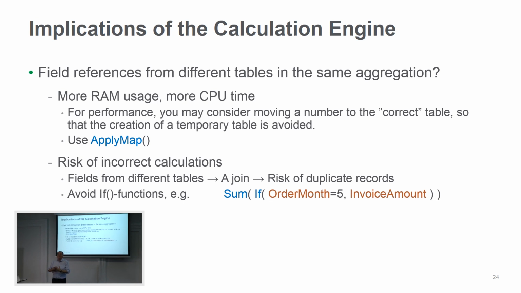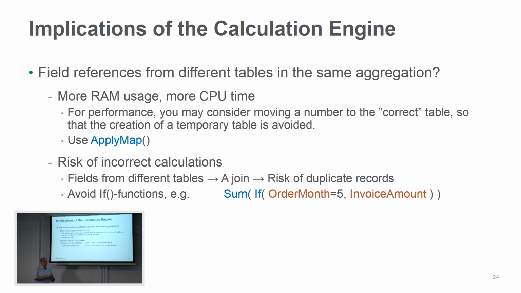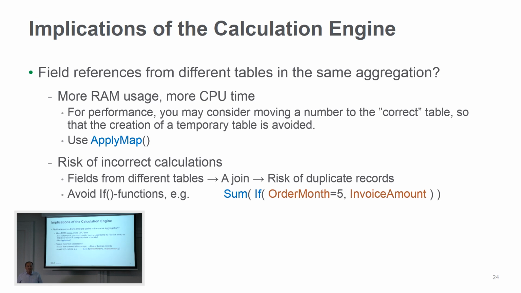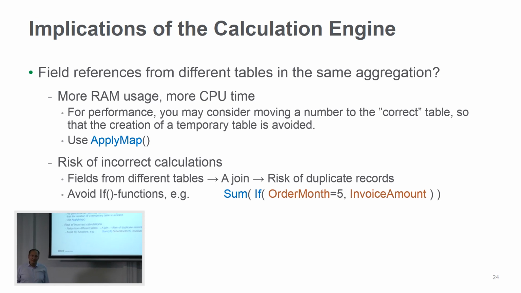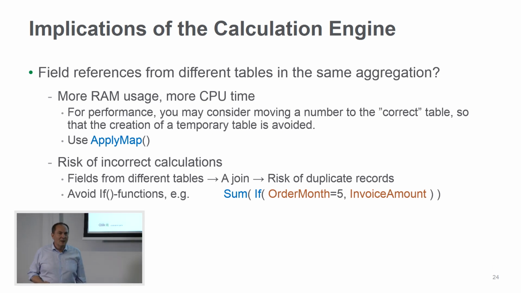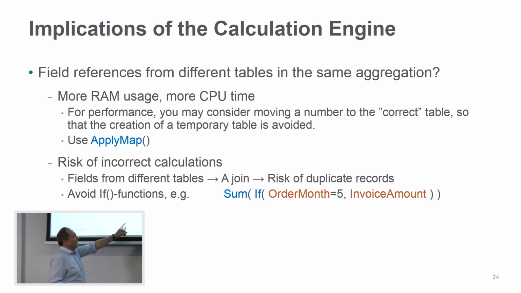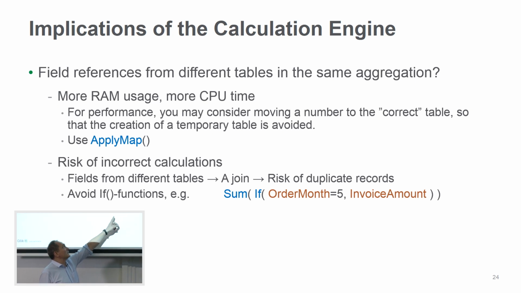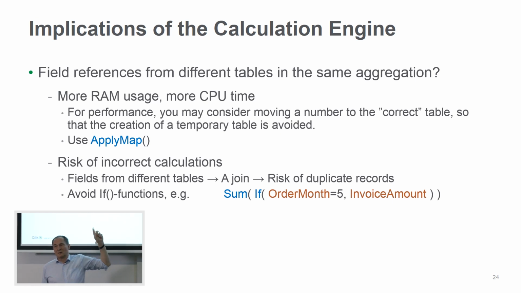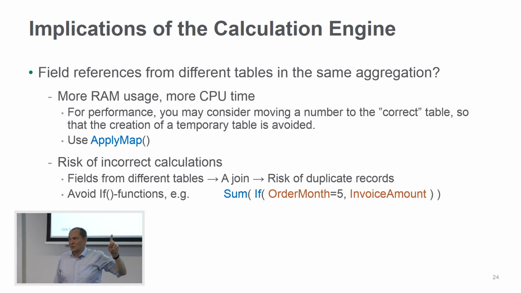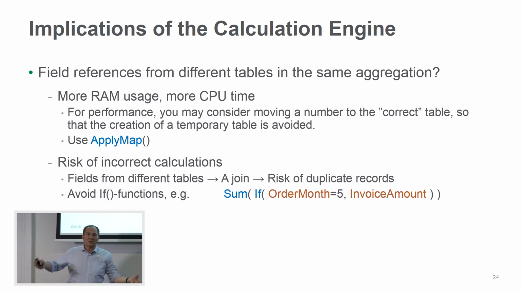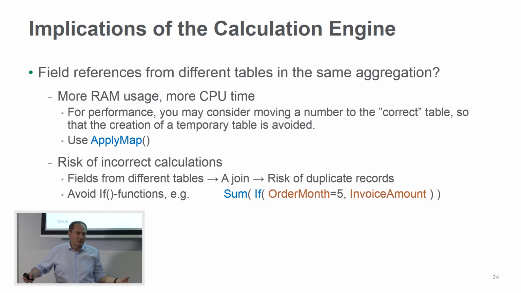So you want to sum the invoice amount, but only if the order was placed in May. That's a piece of cake, right? No. For the simple reason that in advanced ERP systems, you have a many-to-many relationship between orders and invoices. You can split one order on multiple invoices. So you can, in fact, get duplicate records here.